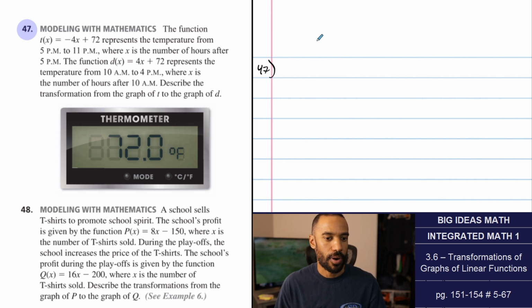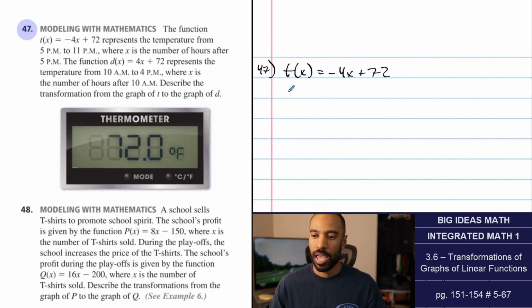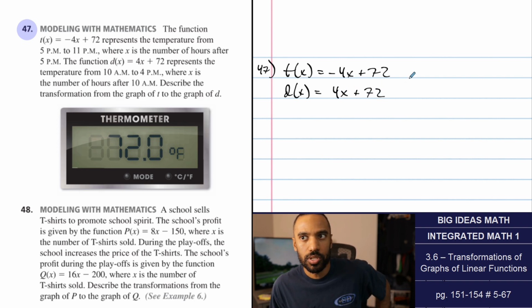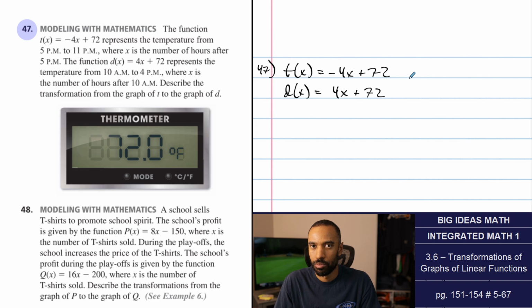Describe the transformation of the graph of t to the graph of d. Well, t of x is negative 4x plus 72, and d of x equals positive 4x plus 72. This one's a little tricky because from t to d, you're not just reflecting, because the plus 72 applies to both of them.